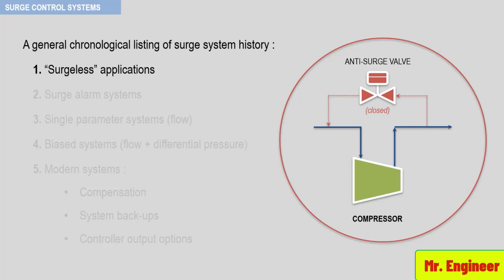In my professional experience, many so-called surgeless applications have been observed. These are applications where the process designer assesses the system and concludes that there is no possibility to surge the compressor. Many times, this assessment is based on system resistance alone.